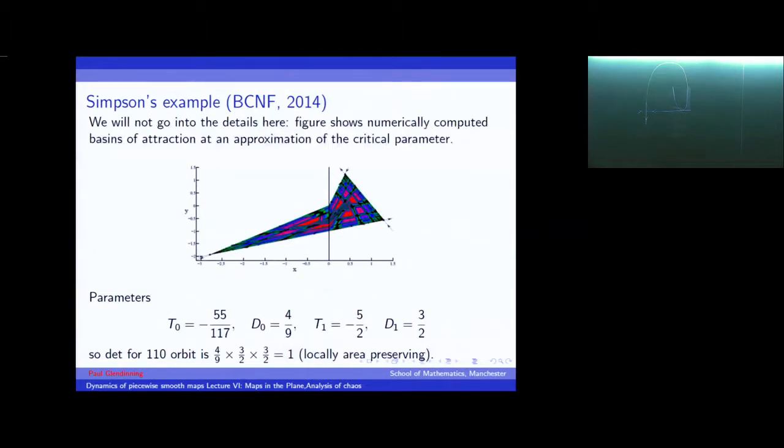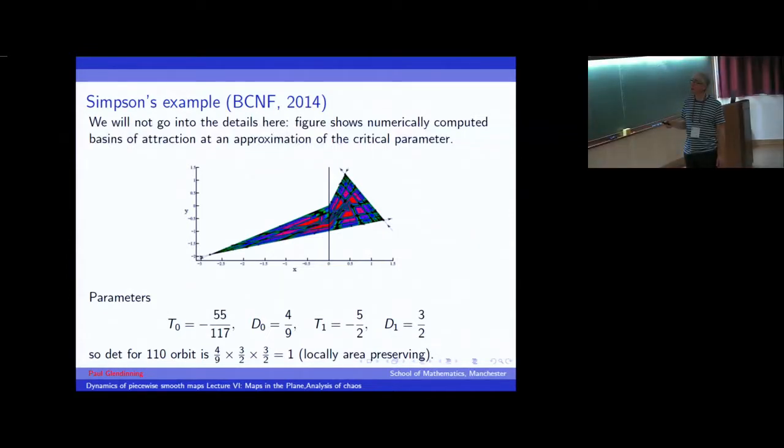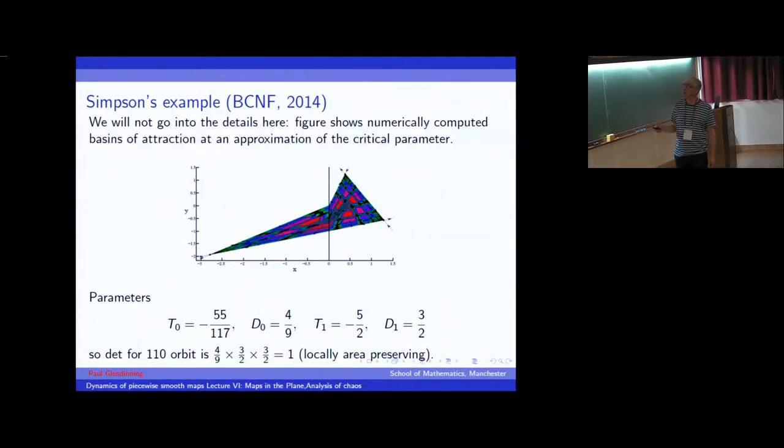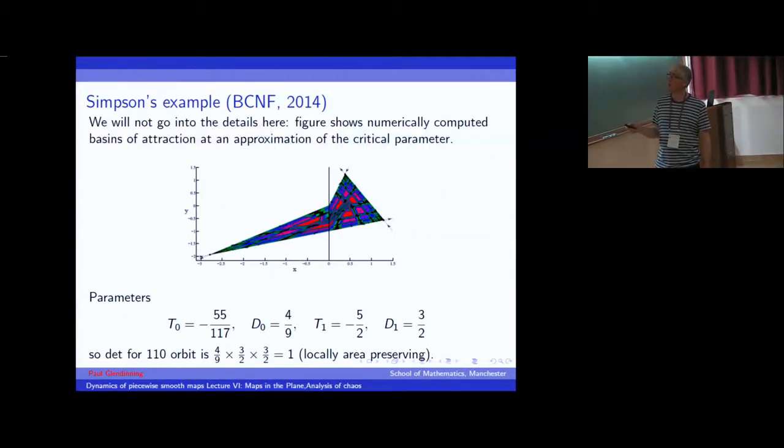This is a very nice picture from his paper, where you can see different colors correspond to different orbits of larger and larger period, with points on the orbits accumulating on these three periodic points.